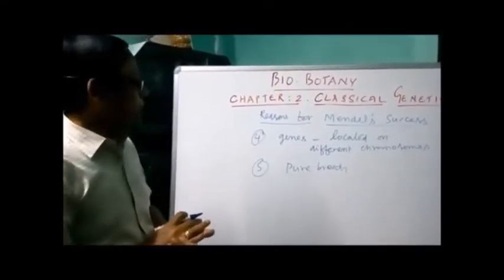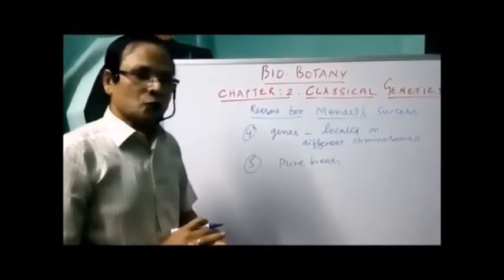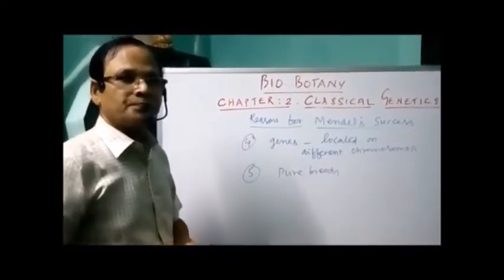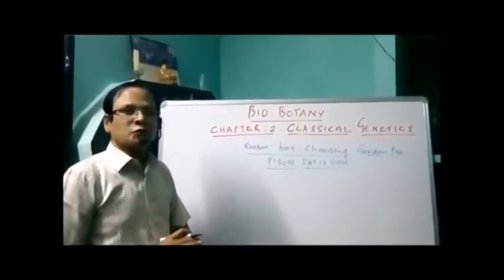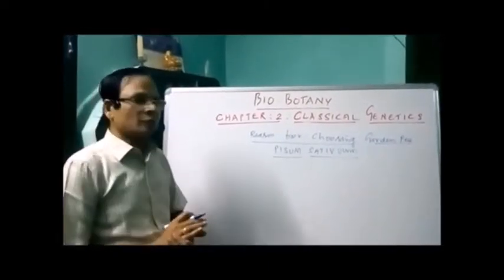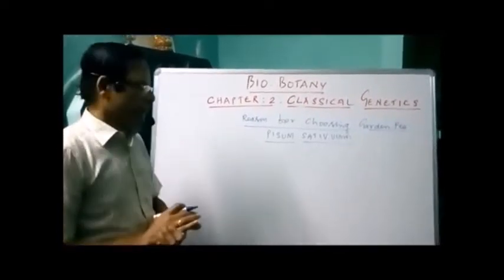Now we'll go for why Mendel has chosen the garden pea plant. The following are the reasons why Mendel had chosen Pisum sativum for his experimental analysis.